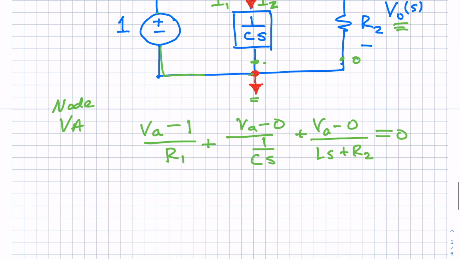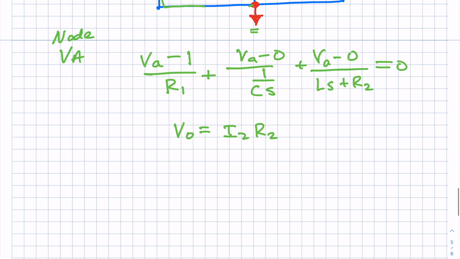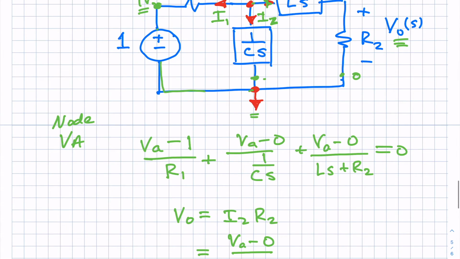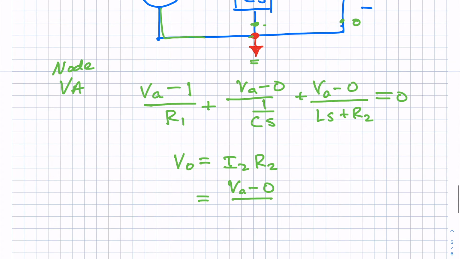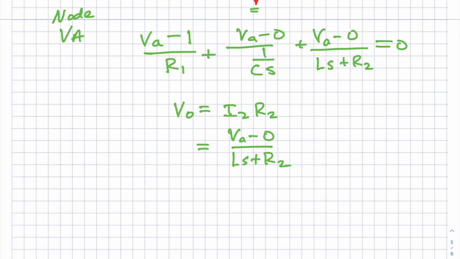Vout would be I2 times R2, and we already found what I2 is in terms of VA. So that would be VA minus 0 divided by LS plus R2. So those are the equations. We have two equations, two unknowns.